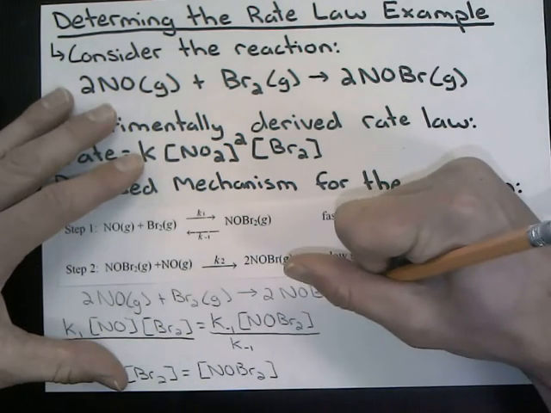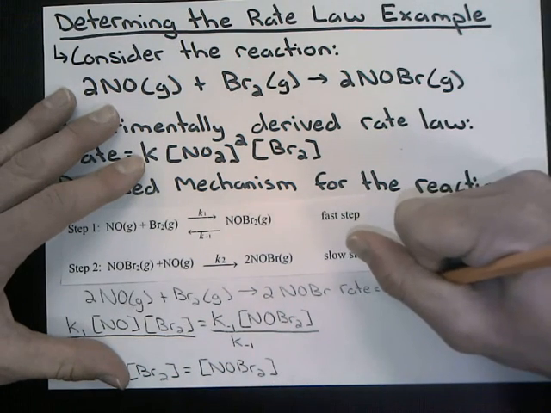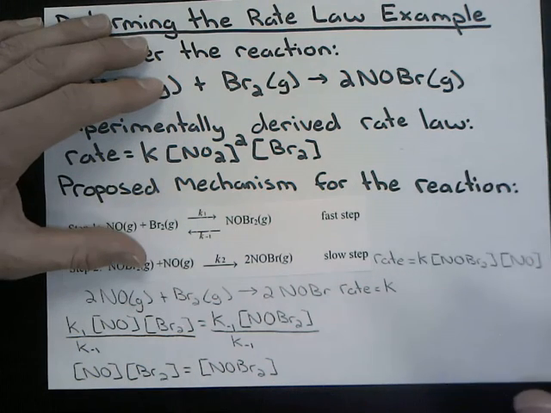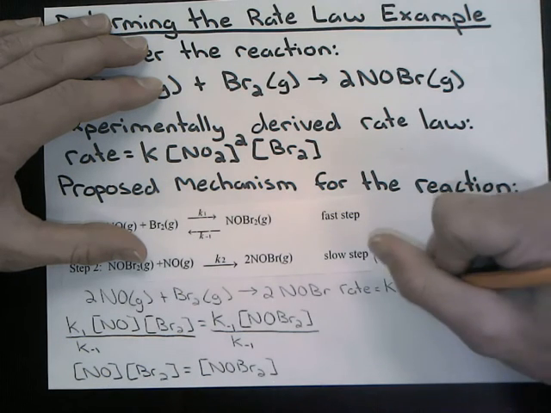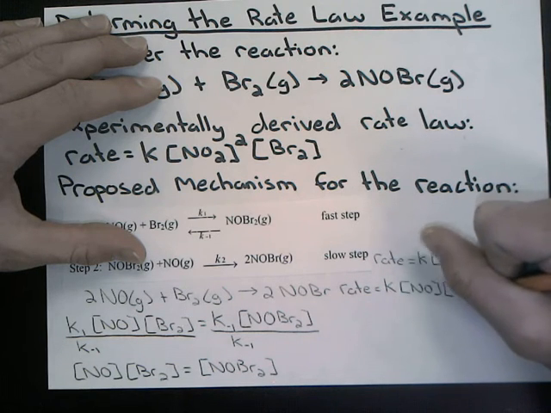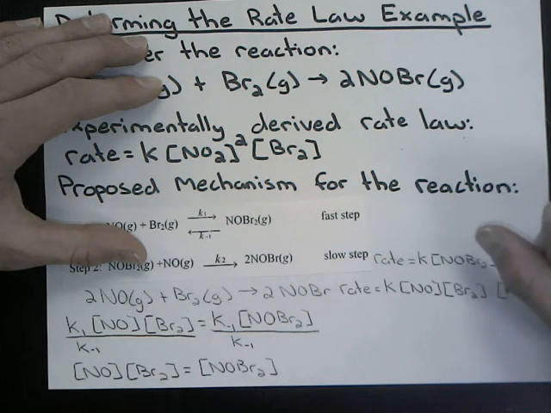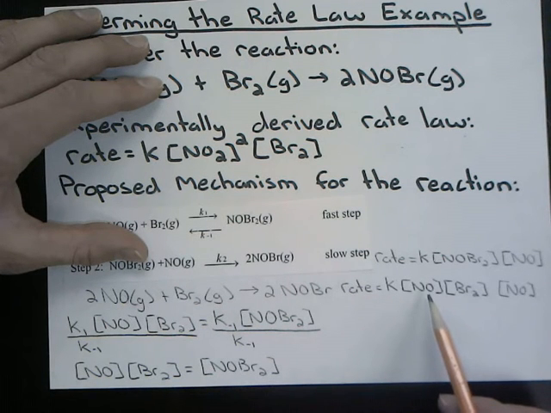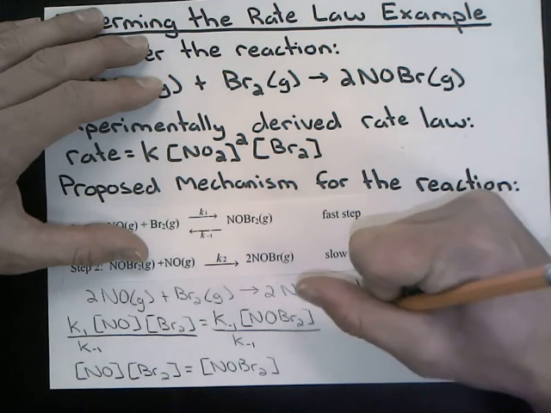So I'm going to have the rate equals K times not NOBr2, but this business down here: K times NO times Br2, still times this NO. So now the rate equals K times NO times NO. Well, anything times itself we can raise to the squared power.